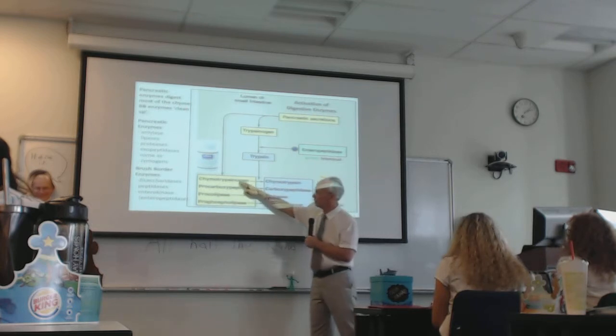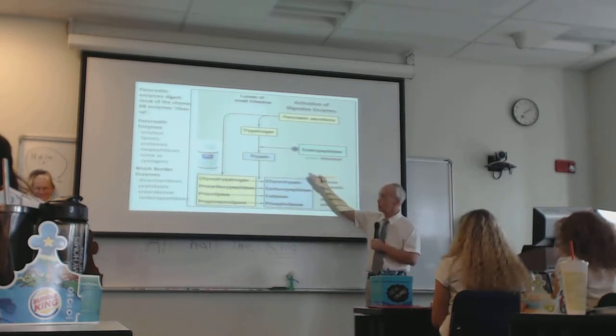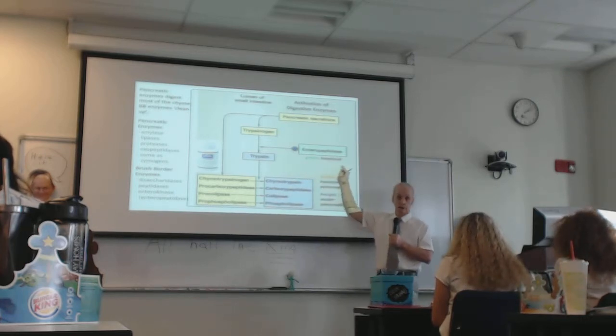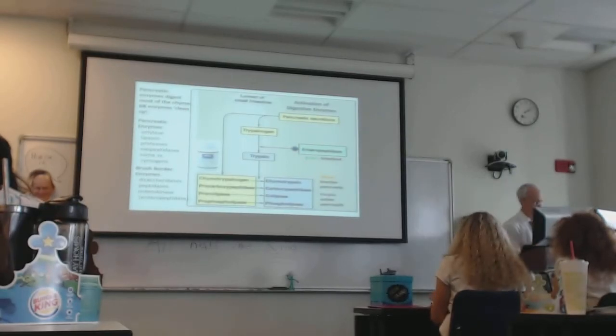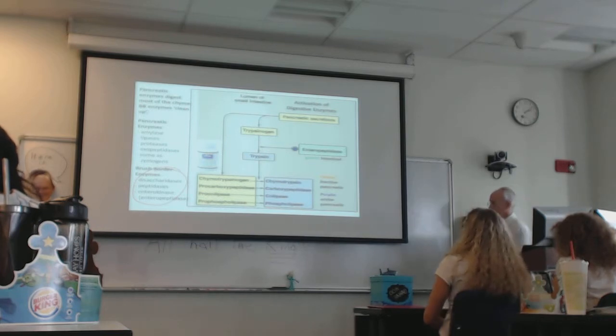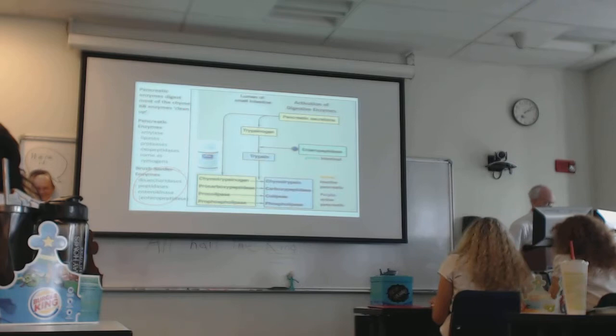I think you can probably infer what these things do from their names, but the trypsin activates them, and what rendered the trypsin active? The enterokinase, which is a brush border enzyme. So the brush border enzymes play a very important role, not only in cleaning up pancreatic digestion, but also in activating many of the pancreatic enzymes.